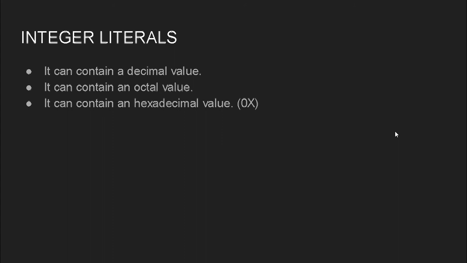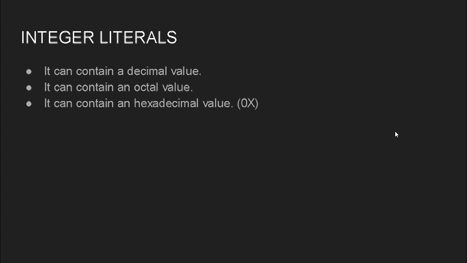If you have studied digital electronics, then you would already know the concept of decimal numbers, octal numbers, and hexadecimal numbers. So a decimal value is from 0 to 9, and the base is 10.